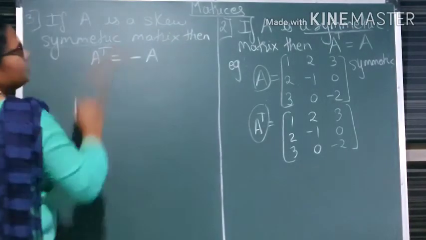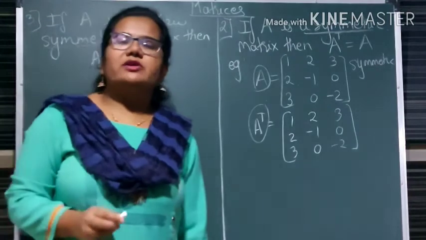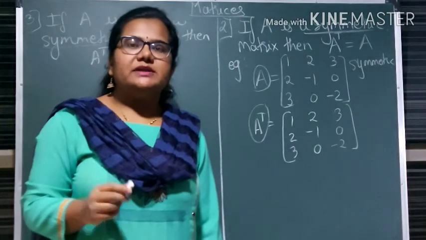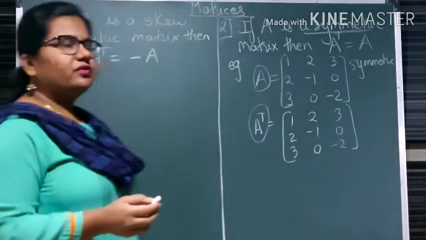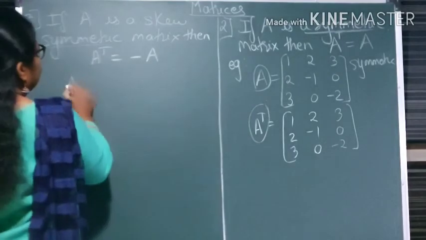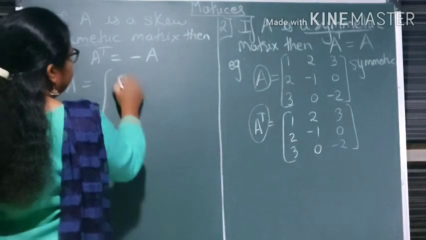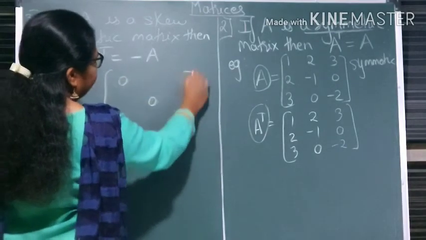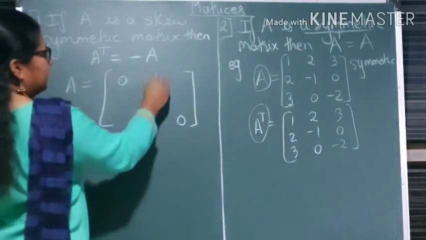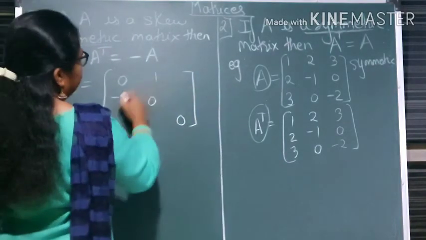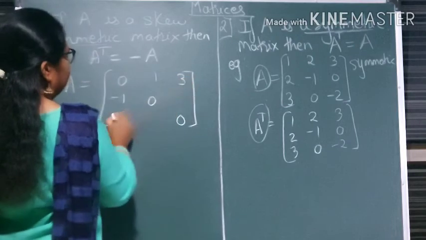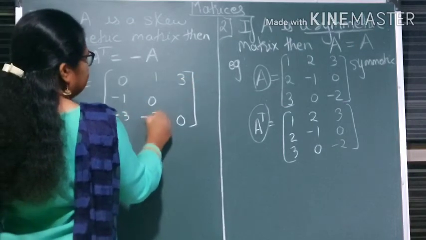If you remember, in a skew symmetric matrix Aij elements are equal to minus of Aji. So let us take one example of a skew symmetric matrix. In a skew symmetric matrix, diagonal elements are 0 and the elements, if you interchange them, are opposite in sign.